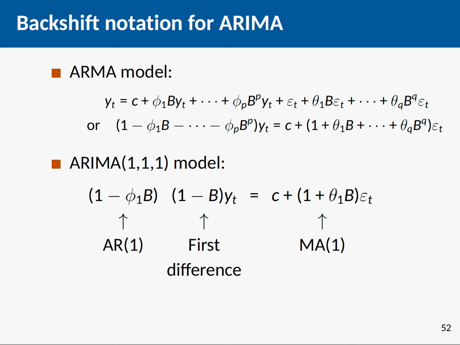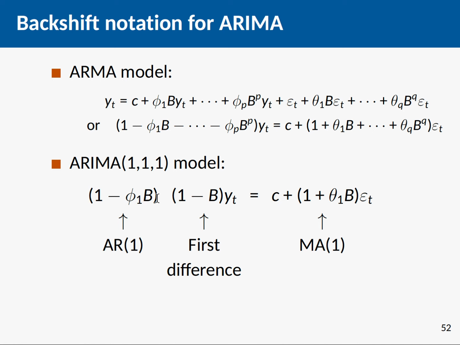We won't get into the details, but if you were to write out one of the simple ARIMA models, which is ARIMA(1,1,1), you would have the representation as follows, where you have the AR component represented by the backshift notation. In this case, it's not 1 minus B, but 1 minus phi1 times B, where you have the persistence. So this is the AR(1) component.